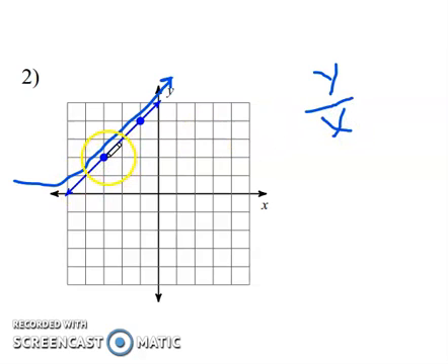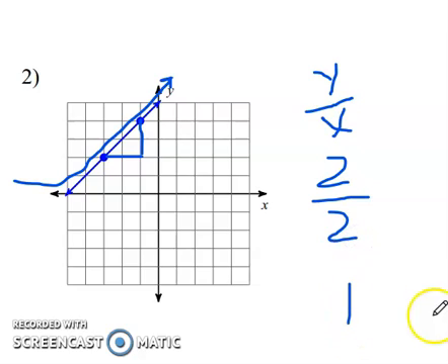So I'm going to connect my 2 points, and I am rising 2 blocks, rising 2, and I am running 2 as well. So 2 over 2, or 1. So this slope is 1. This graph has a slope of positive 1. That means every time y increases by 1, x increases by 1.